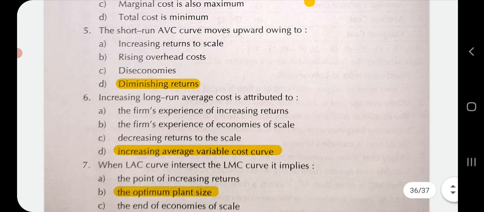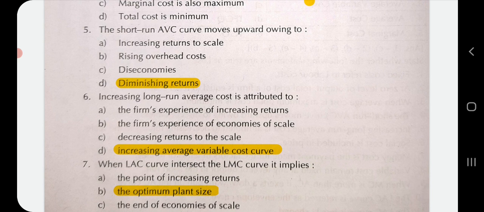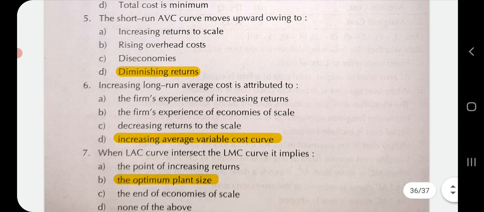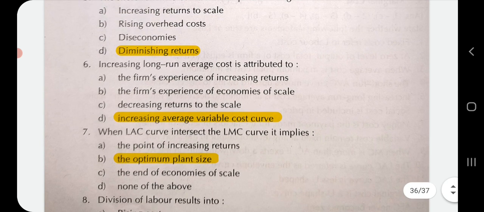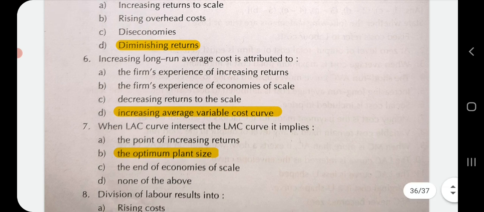And fifth question is about, the short run average variable cost curve moves upward owing to dash dash, and the answer is diminishing returns. D is the correct answer. Sixth question, increasing long run average cost curve is attributed to dash dash, and the correct answer is increasing average variable cost curves.